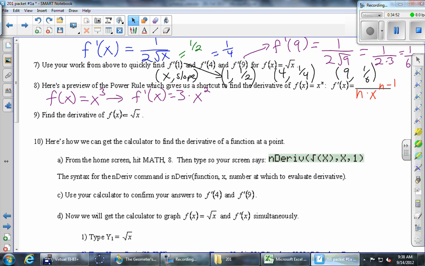But can you guys find the derivative of the square root of x? First thing you need to do is rewrite that as x to some power.